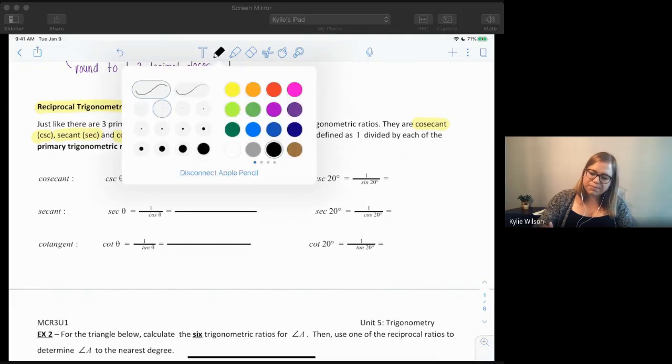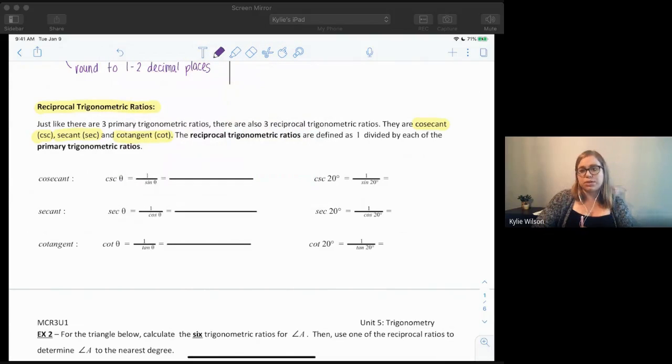So the first reciprocal ratio that we're going to learn is cosecant, and cosecant is equivalent to 1 over sine theta, like this. And because sine theta is opposite over hypotenuse, my cosecant is going to be hypotenuse over opposite.